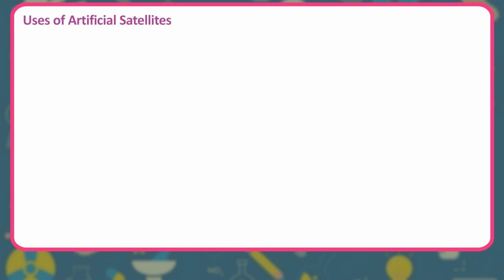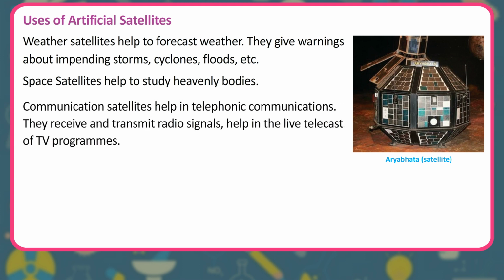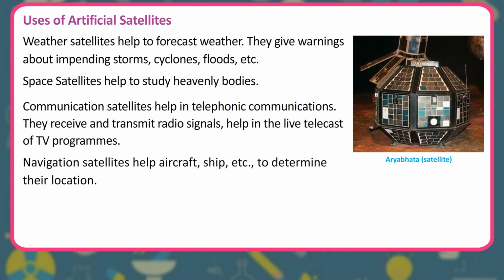Uses of artificial satellites. Weather satellites help to forecast weather. They give warnings about impending storms, cyclones, floods, etc. Space satellites help to study heavenly bodies. Communication satellites help in telephonic communications. They receive and transmit radio signals, and help in the live telecast of TV programs.